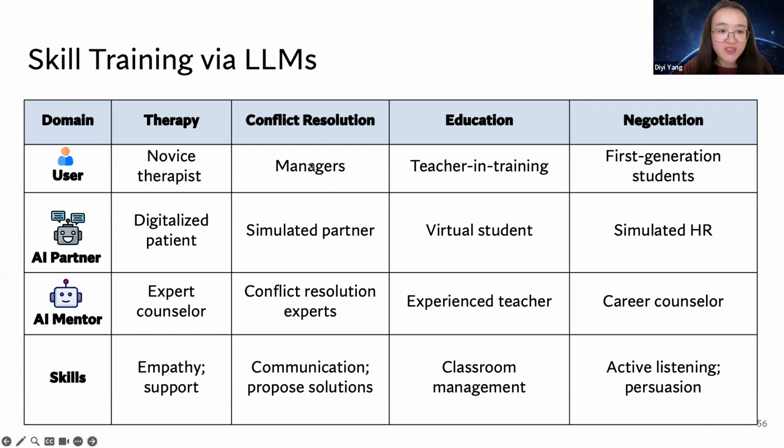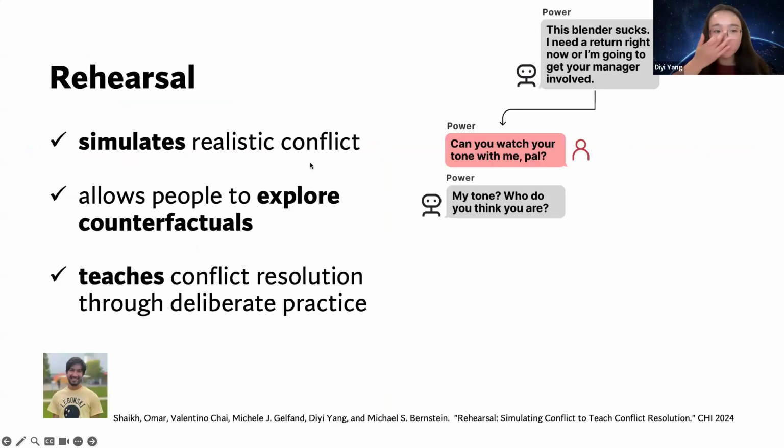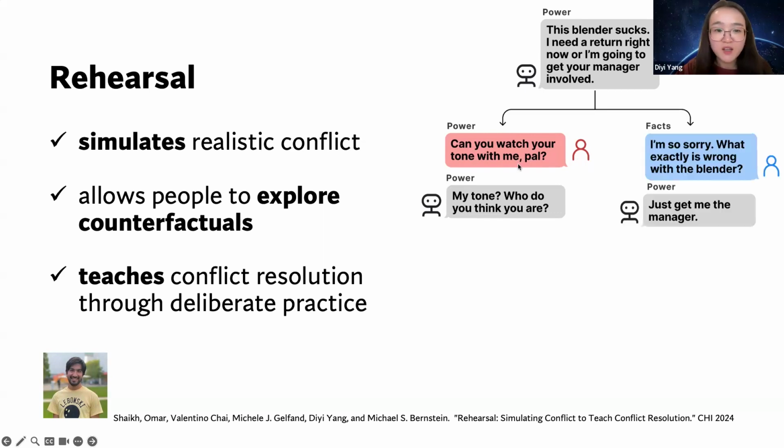I want to give you a quick example of conflict resolution. This is a system we built where we teach people how to navigate conflicts. On the right part, you saw this conversation where this person seems quite angry and they want to return something, or they are going to talk to someone's manager. The conversation can go into this power stage where this person probably is going to reply with, "Can you watch your tone?"